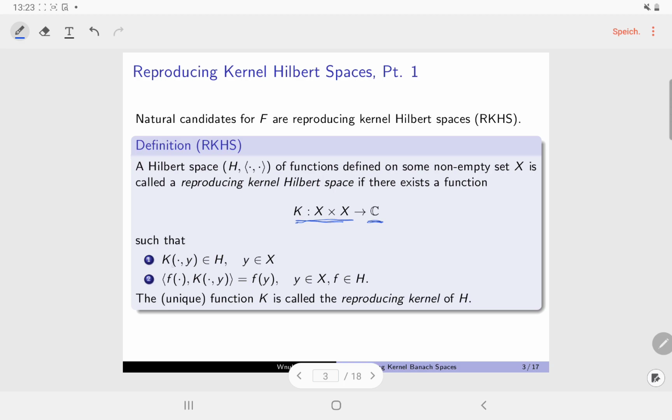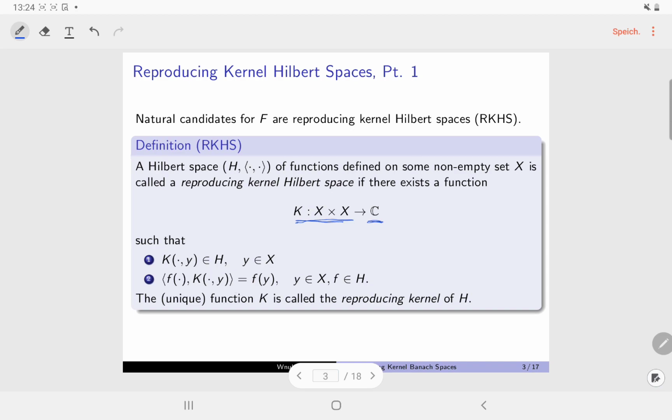The first condition is that K, with the second argument fixed, is in H. And the second condition is that if we fix any argument y as the second argument of K, so now we consider once again K as a function of the first argument, and now we take any function f from H, then the scalar product of f and this K seen as a function of the first argument gives us f of y. This is the reproducing property.